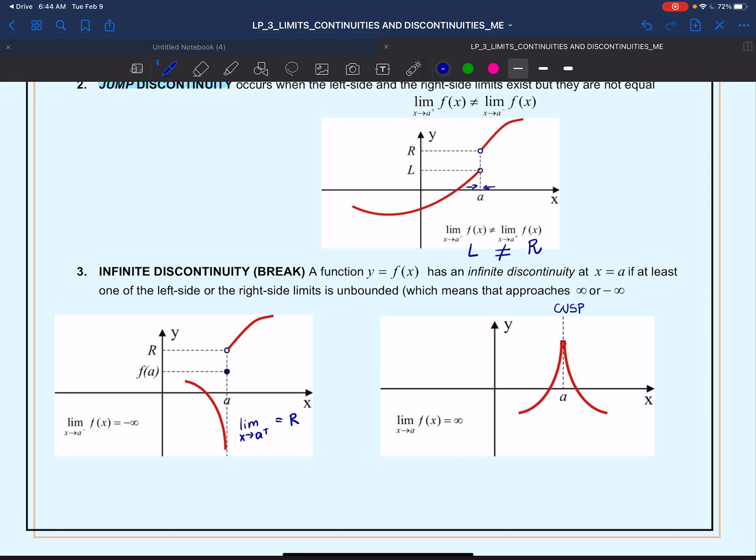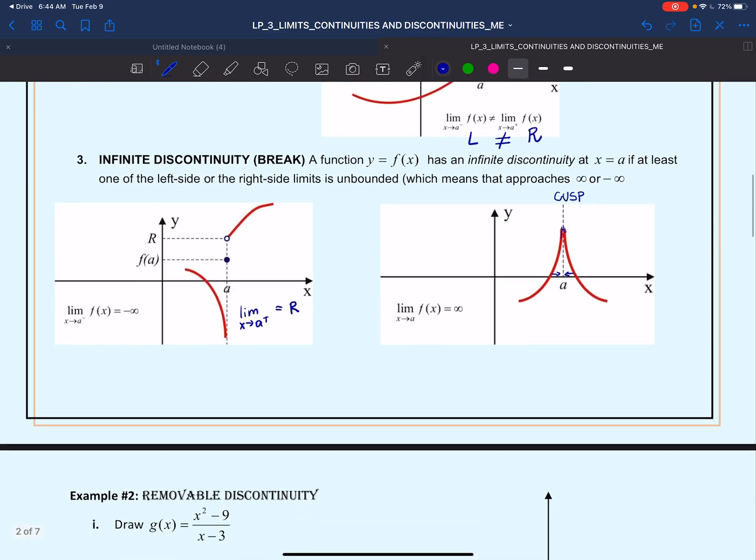A cusp is like sort of a vertex where we see that the graph is going all the way up here. So when you approach x from the left and the right end of it, both are going towards infinity, okay? So there is an infinite discontinuity in here as well.